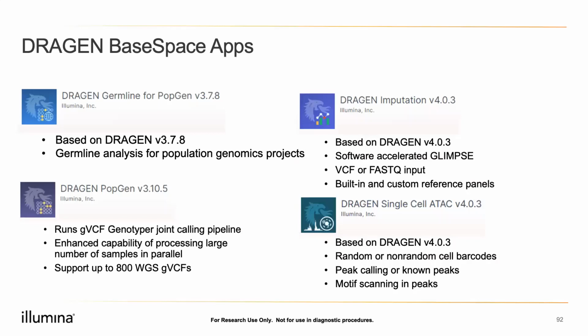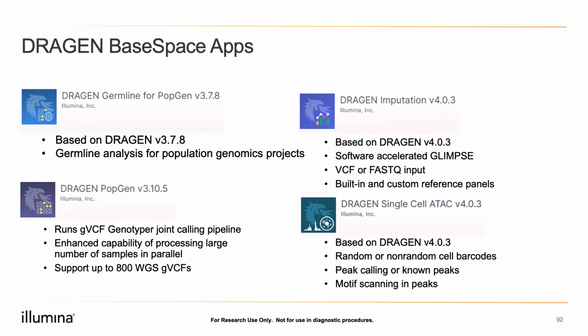So first we have DRAGEN Germline for PopGen v3.7.8. This is essentially the germline analysis for whole genome sequencing that's built off of DRAGEN version 3.7.8. And this is a version that some large scale population genomics initiatives like the All of Us program have been using.